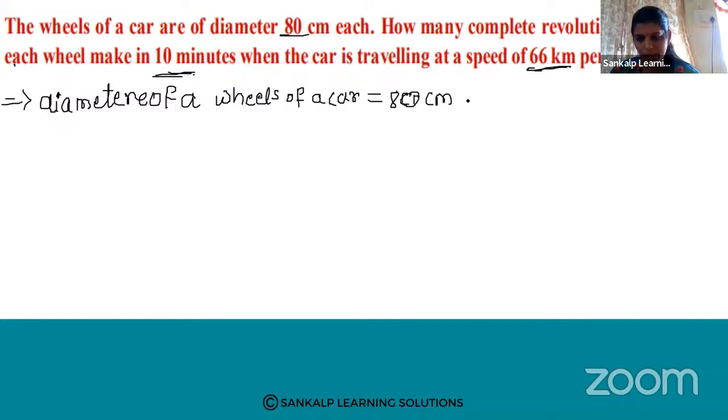Next, the circumference of the wheel. Why? Because for a complete revolution, we want the circumference of the wheel. Complete revolution means complete rotation, which we call the circumference, right?